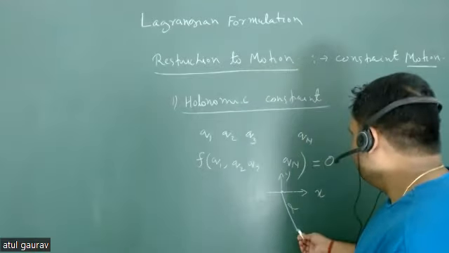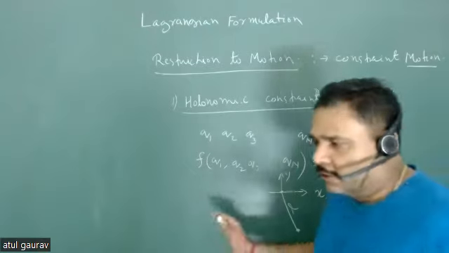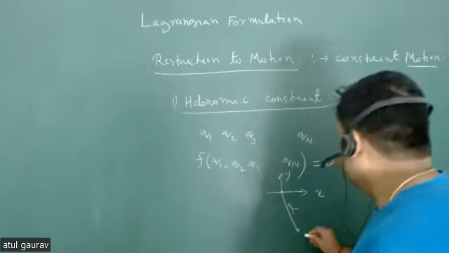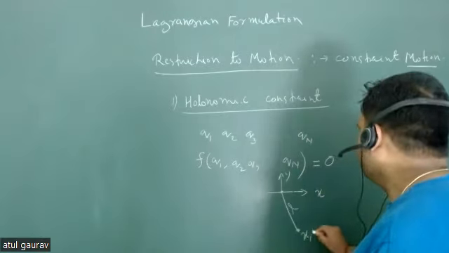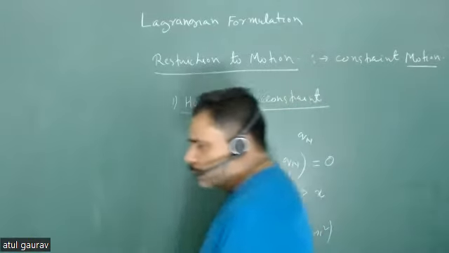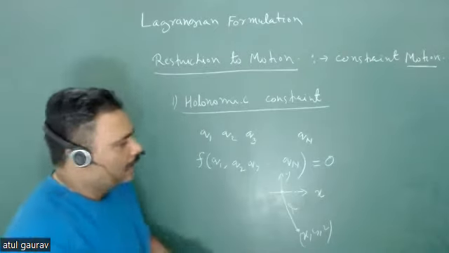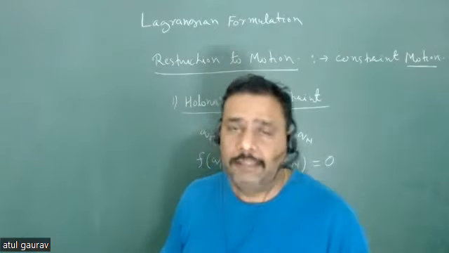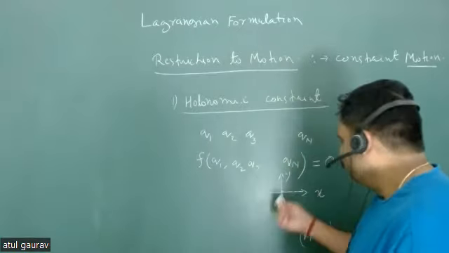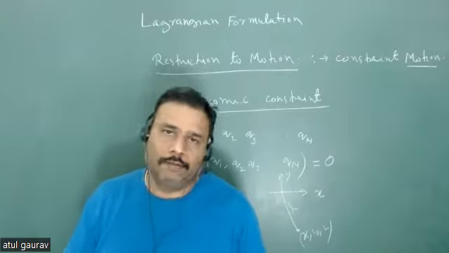If this particle were free, without any constraint or restriction, then obviously I could use the dynamical variables x, y, z. But the story is not so simple. This is not a free particle. The first constraint is that the particle is moving in the xy plane.